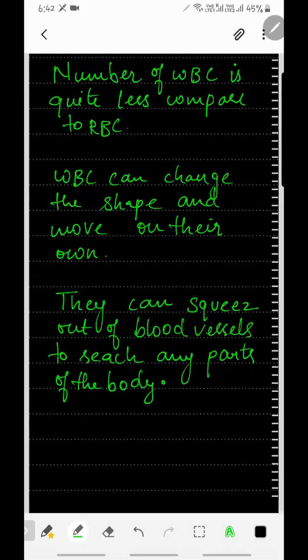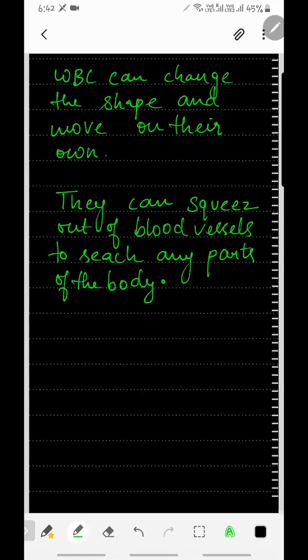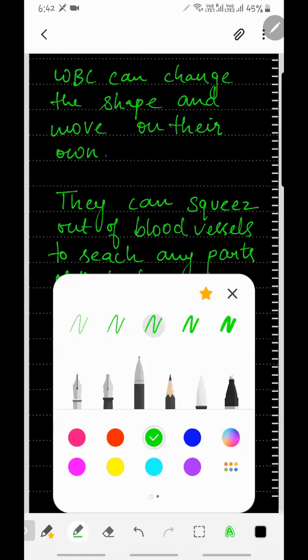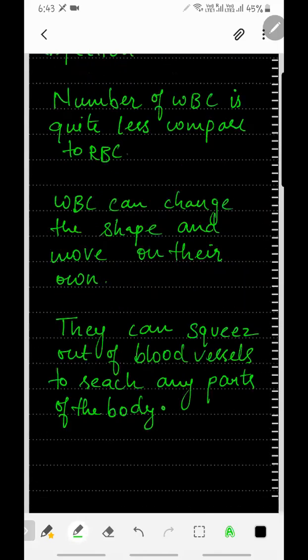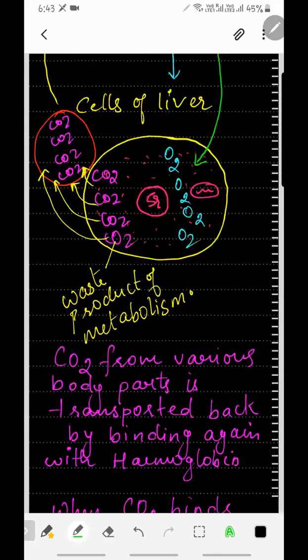If there is a cut or some kind of infection in the wound or the skin, then the number of WBC will be more. We'll talk about the fourth thing in the next class, so we'll stop the class here.